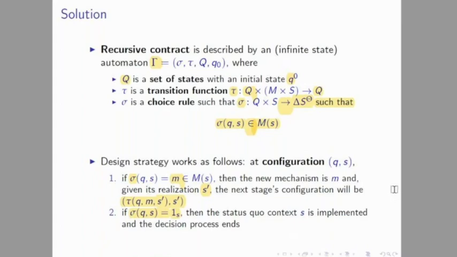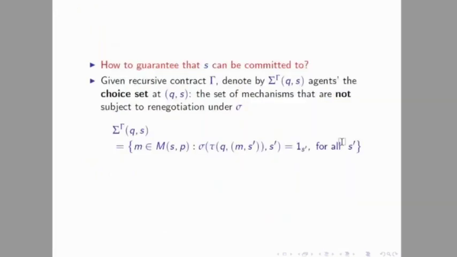Now, this is a recursive contract, and this is the structure on which we want to impose some conditions that guarantee that renegotiation will never take place. How do we do that?